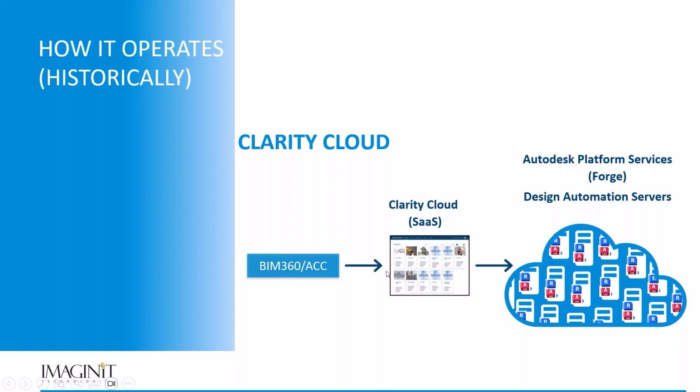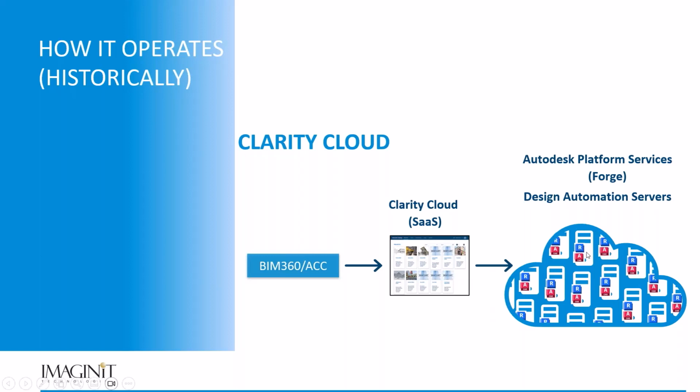And then for the work that needs to be done, what the pure Clarity Cloud does is when there's work that needs to be done on demand or on a schedule, it gets shipped over to Autodesk Platform Services, APS, which used to be known as Forge, and they have what's called design automation servers, where IMAGINiT has published their code and it can execute on these hundreds or thousands of machines that are available in the cloud to do work.